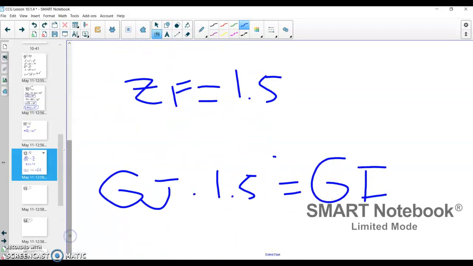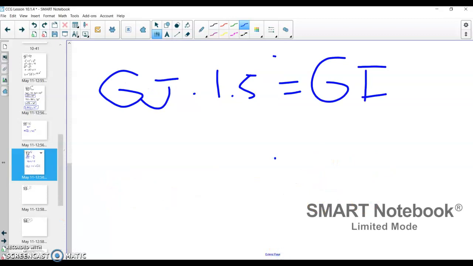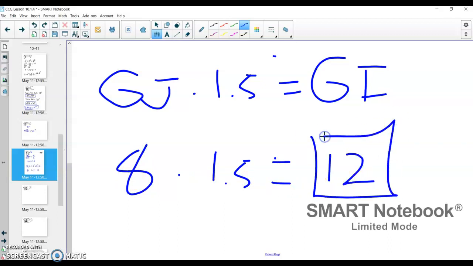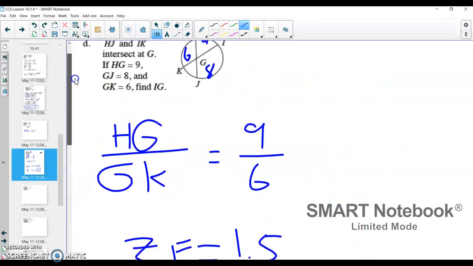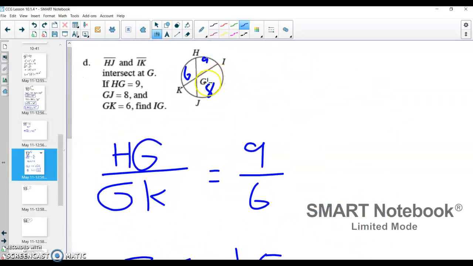And so if I do that, what I get is GJ is really a length of 8. 8 times 1.5 gives me an answer of 12. And that's just using similar triangles and the fact that when you have intersecting chords, you actually get similar triangles.